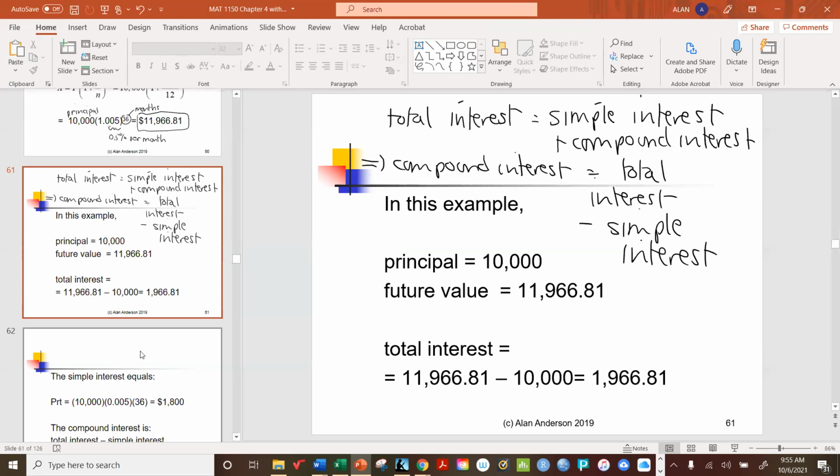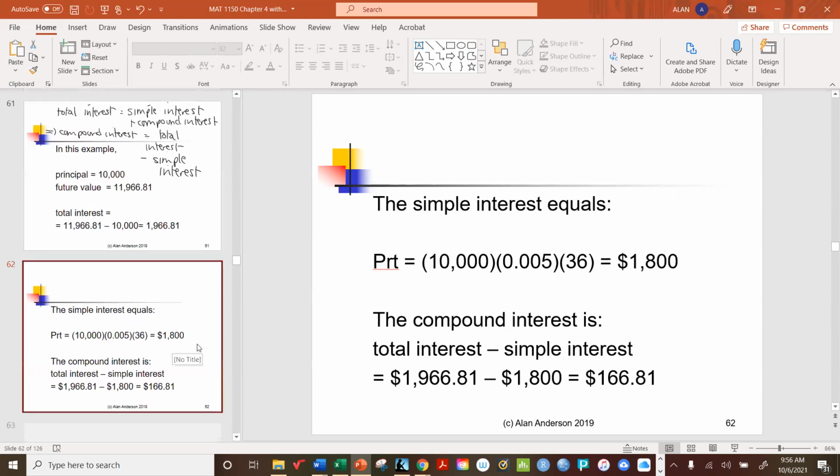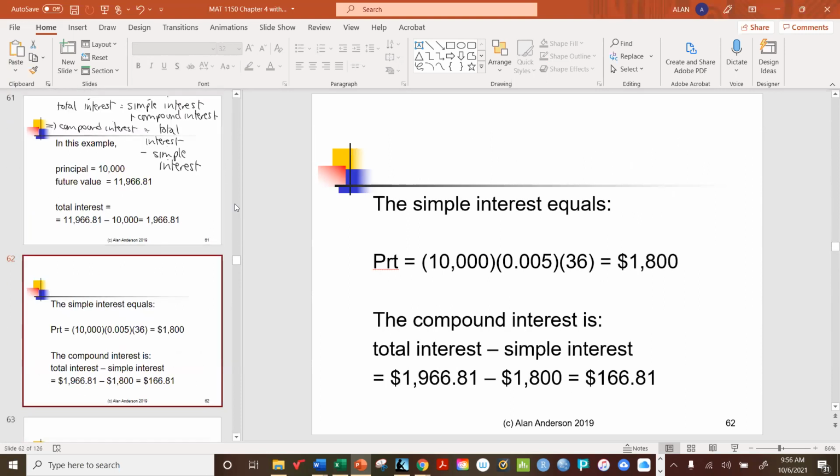We know what the total interest is. It's easy. We just subtract the principal. The simple interest, as you saw, is a simple formula as well. It can be expressed with the variables we just created as PRT, principal times rate times time. That's all there is to it.